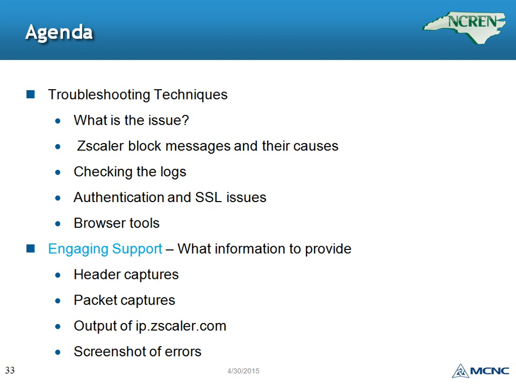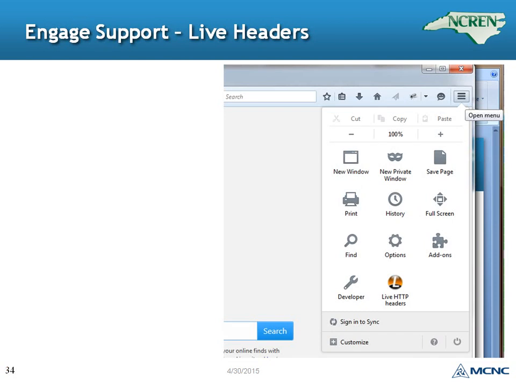For that matter, if you're capturing on the device itself, live headers would probably be sufficient, but you can run Wireshark in conjunction with your web browser just to see what's up. The nice thing about doing that as well is that if it does turn out to be a firewall issue, we'll be able to tell by your packet capture because we'll see connections to ports other than 80 and 443, and that would give us an indication that it's possibly a firewall issue.